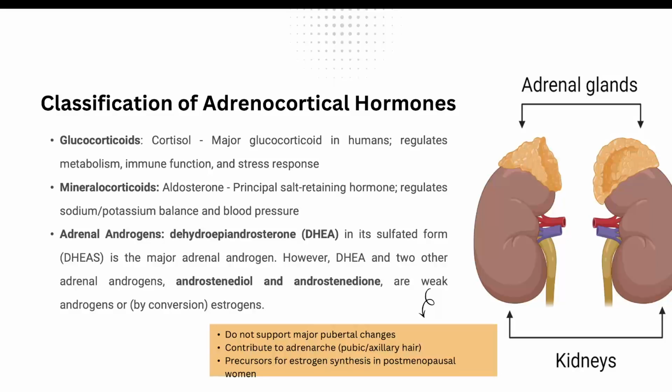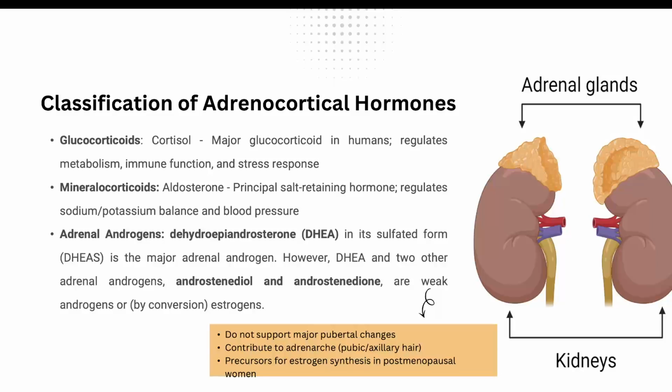a group of hormones that are produced naturally inside our body. For example, we have the glucocorticoids, mineralocorticoids, and adrenal androgens. Let's talk generally about the adrenocorticosteroids. They are very important for the normal physiology of the body.